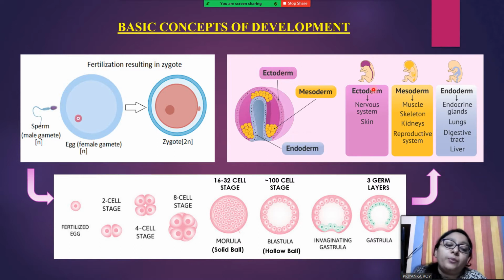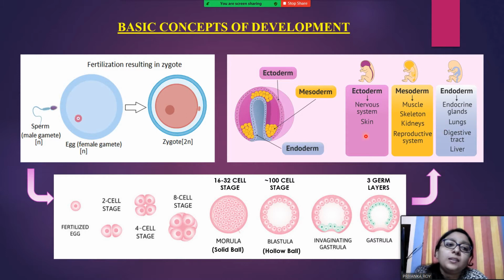Ectoderm that is responsible for the formation of nervous system as well as the skin in later stages of development. And from mesoderm, these tissues arise like muscle, skeleton, kidneys, reproductive system, all the internal organs, they mainly generate from the mesoderm portion. And the endoderm, it gives rise to endocrine glands, lungs, digestive tract, liver.